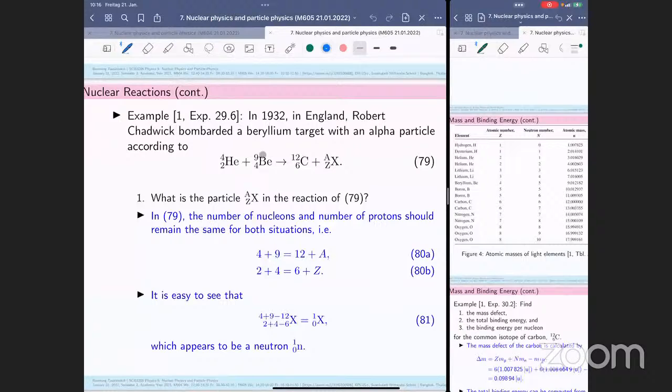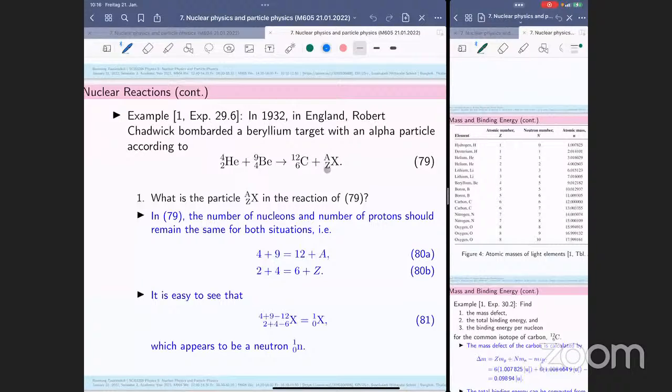We have also beryllium 84, right? Beryllium 94 is a bigger isotope than beryllium 84, and what Robert Chadwick did was to accelerate the alpha particle to hit the beryllium 94, and the outcome of his process is the typical carbon we could find in nature, which is carbon 12.